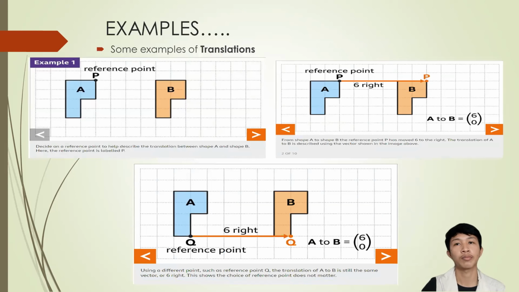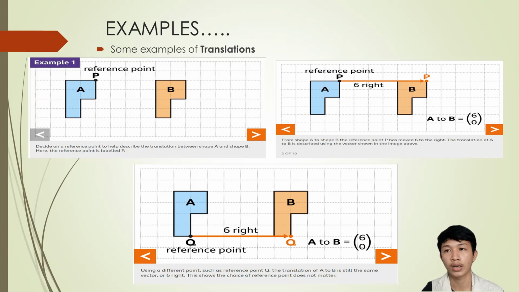So these are the examples of translation that I searched for and are given. Just look at example one, the picture. This shape is translated to the right side. So the equation is AB equals 6 over 0.